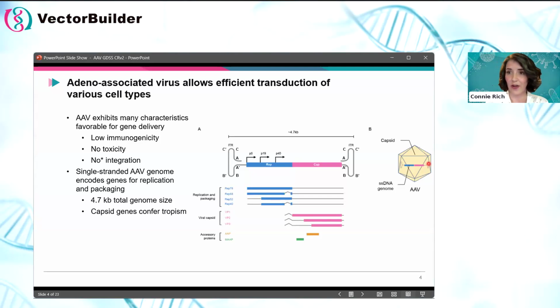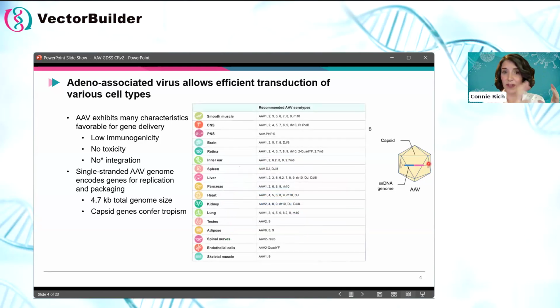However, we subsequently found a large number of other capsid structures that allow for various different targeting mechanisms that allow for targeting of different cell types. So you have various different serotypes that are available for different types of AAV. So you have differential targeting as well.